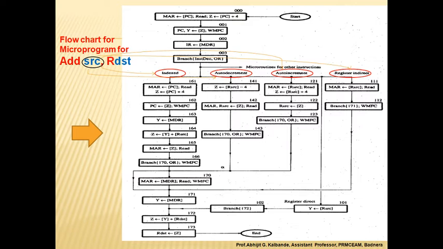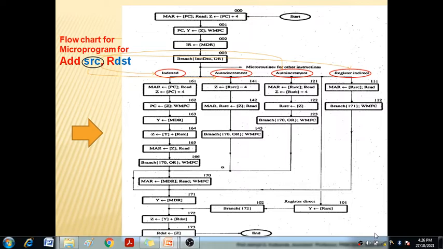Here S means the source register and RD means the destination register. Let us assume that the source operand can be specified in the following addressing modes, as I already told you: register addressing mode, auto increment, auto decrement, and index addressing, as well as the indirect forms of these four addressing modes.